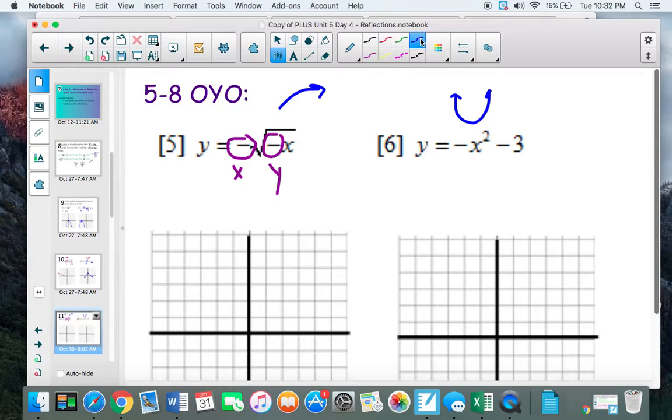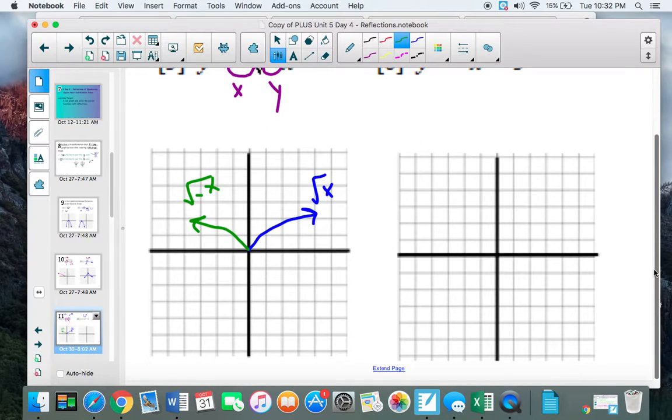So if you want to write this part in your notes, normally the swimmer's arm, and these are going to be rough sketches, goes like this. That's the normal square root x. This one going backwards is a reflection with a negative on the inside. Alright, we have another one. If it reflects downwards, that means the negative is on the outside.